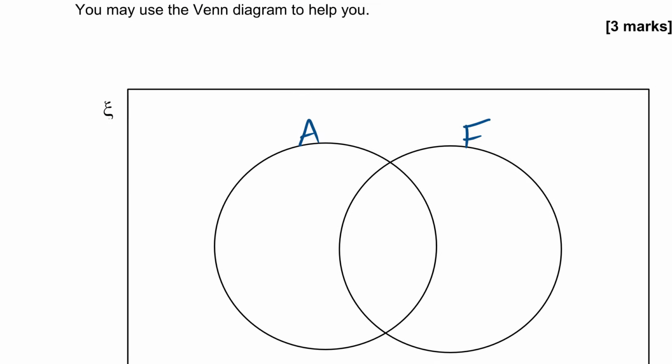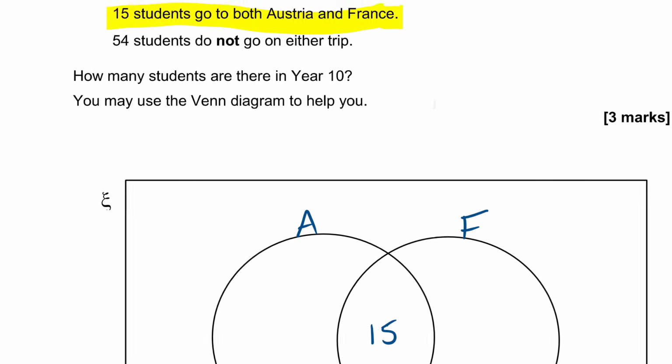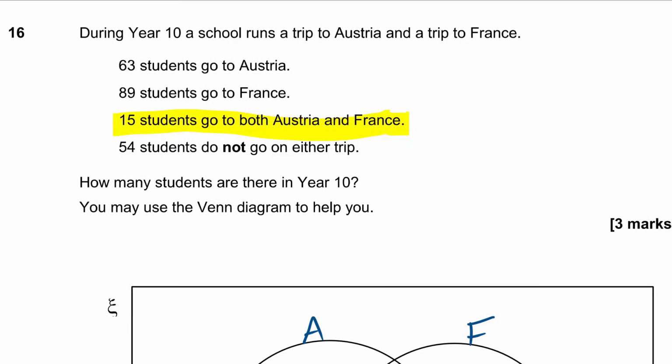So the number of students who go to both is the one sitting in the middle. So we know there has to be 15 that go to Austria and France. Now we know how many are in the intersection there. We can then go back and look at the other facts. So 63 students go to Austria.